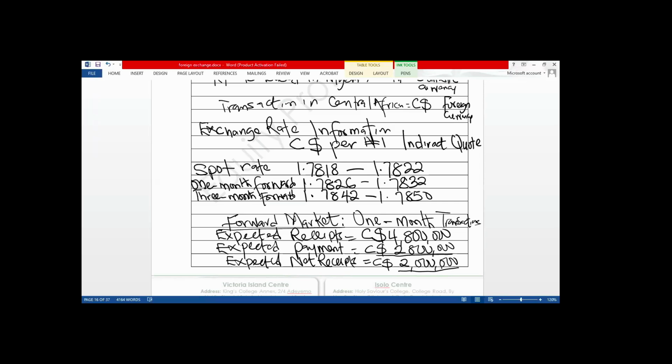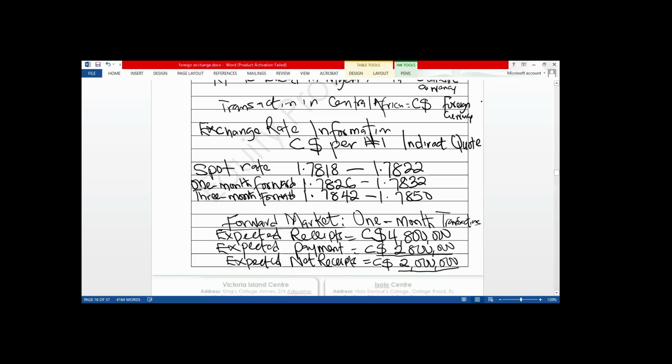The rate obtained now is called the forward rate for a transaction that will happen at a future period. Once the rate is agreed, that rate becomes the binding exchange rate for the transaction that will happen in 1 month's time. That means that regardless of the spot rate in 1 month's time, the rate that we have agreed today will be used for that particular transaction.